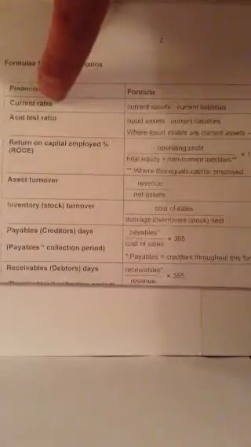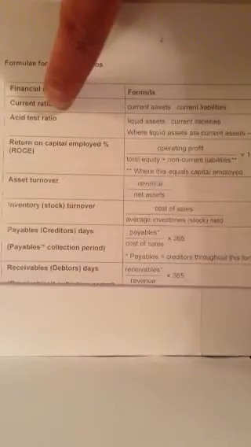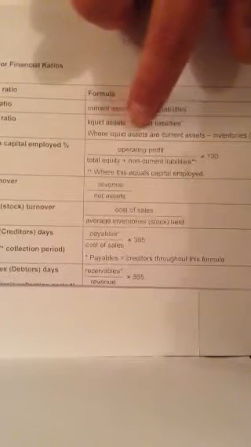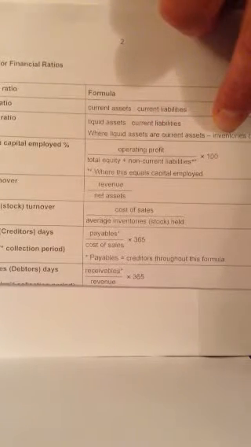The second liquidity ratio that we need to use is the asset test ratio. This differs in that we are comparing the liquid assets of the business to the current liabilities. The liquid assets are measured by current assets minus the value of stocks or inventories held by the business.